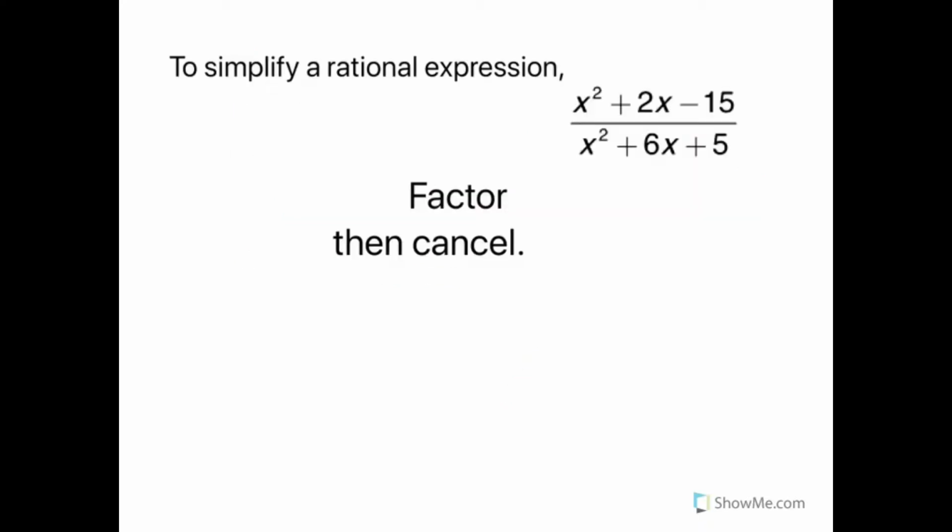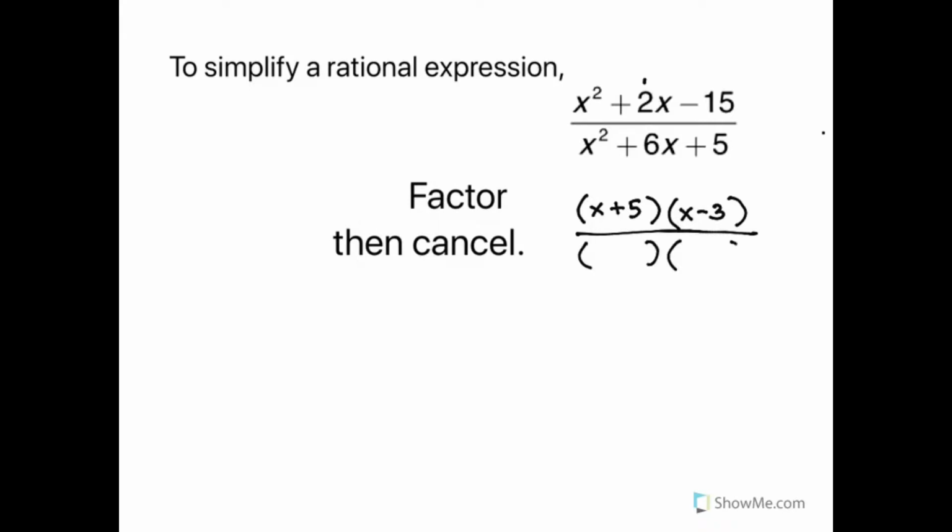To simplify a rational expression, factor, then cancel. If I factor the numerator, x squared plus 2x minus 15 factors. Well, negative 15 is from 3 times 5, and if I add 5 and subtract 3, I get the positive 2 in the middle. There's the numerator. How about the denominator?